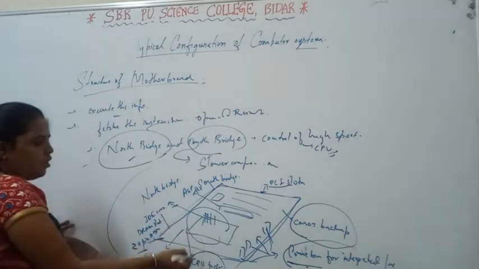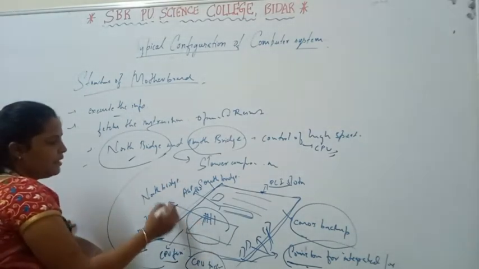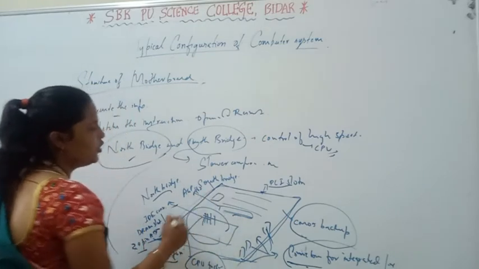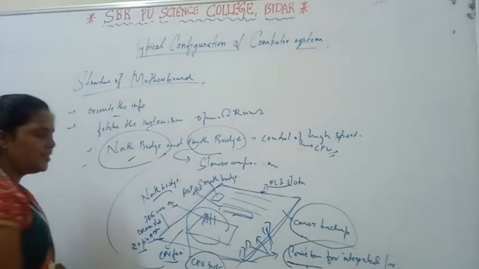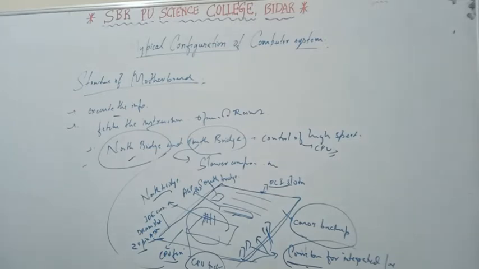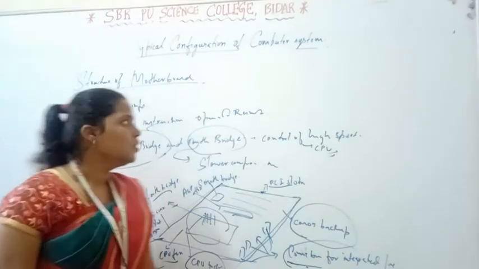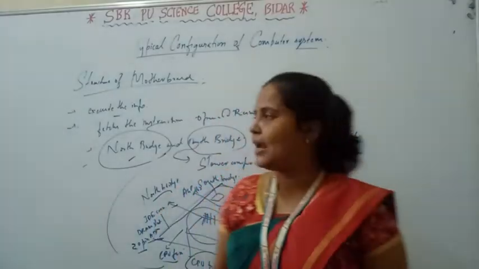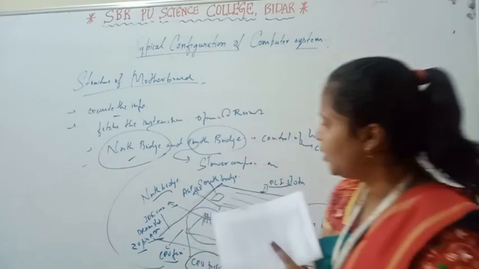The control of this CPU will be done by this north bridge, and the other slower components are controlled by the south bridge present here. So this is the basic structure of a motherboard. Basically the work of this motherboard is execution of the information, fetching of instructions, and processing the data. That is the work of a motherboard, we can say.